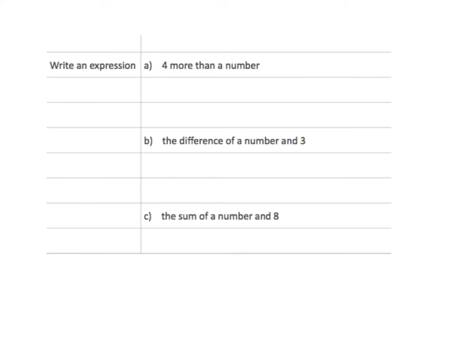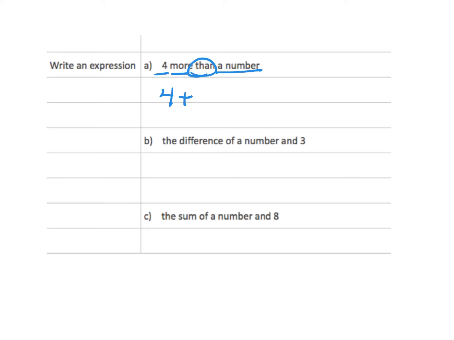So let's go ahead and start using those keywords and writing an expression. We're going to get a sentence or a phrase, and we're going to translate it into algebra. So here we go. We're literally going to go one at a time. 4 more. So that's 4 plus. I'm going to skip the word than for right now. A number.